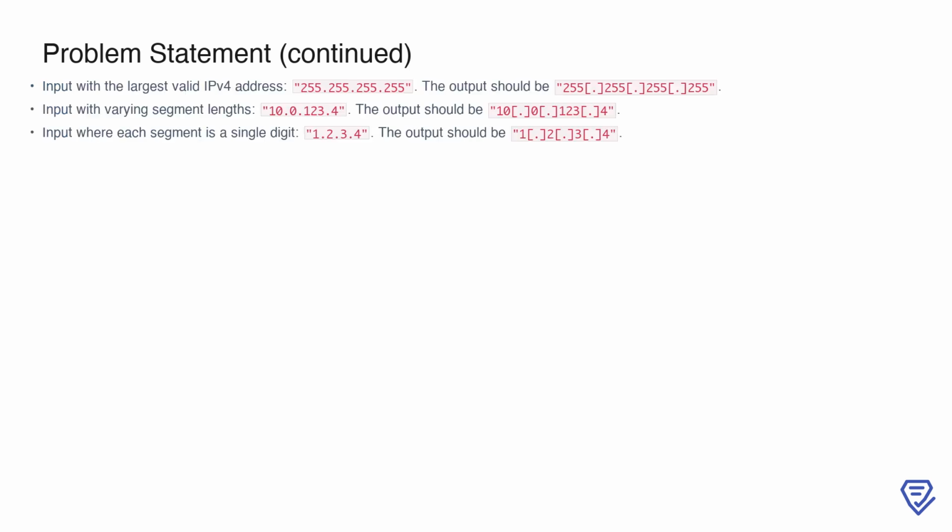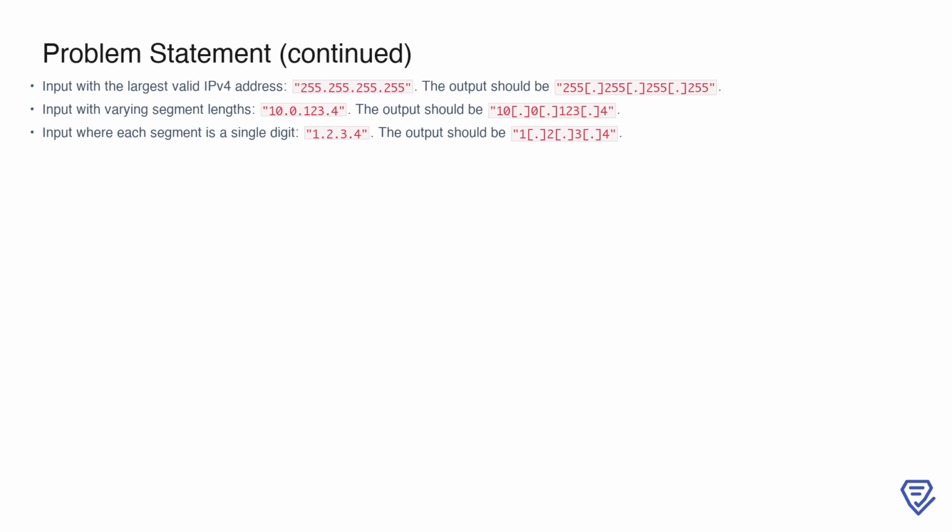Some additional edge cases to consider include the smallest valid IPv4 address, 0.0.0.0, which would transform to 0[.]0[.]0[.]0, and the largest valid address, 255.255.255.255, which would become 255[.]255[.]255[.]255.